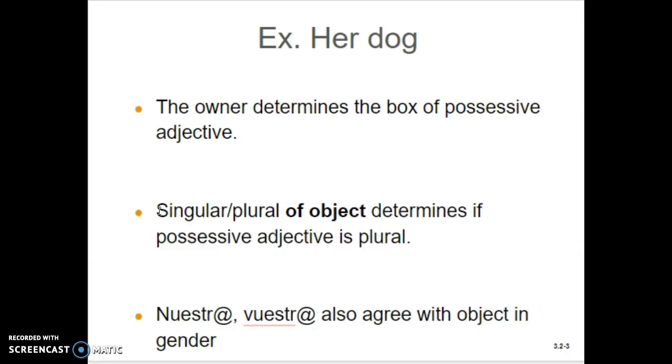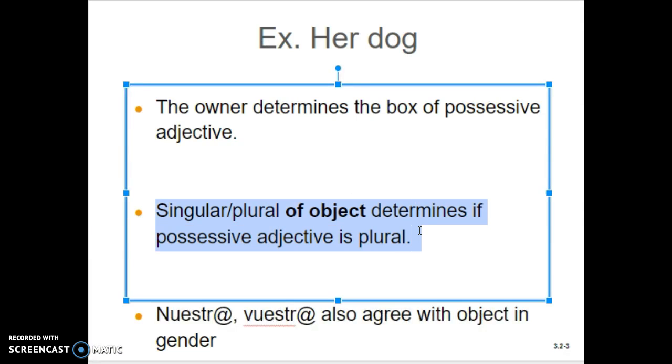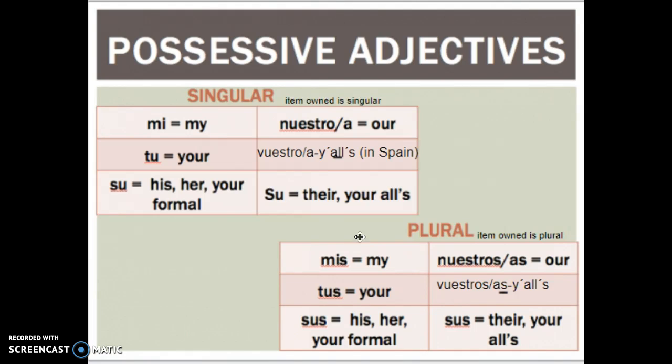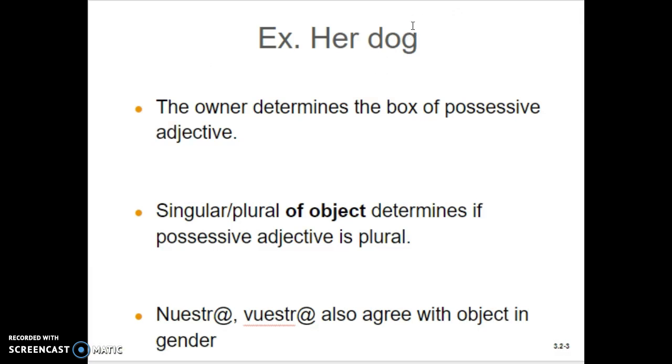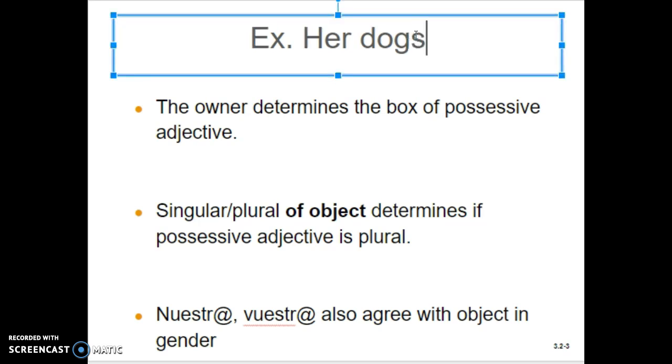The next point is that whether or not I should use the singular chart or the plural chart is determined by the object. So here, dog is singular, so I should use the singular chart. However, let's say now the girl owns multiple dogs. Her dogs.